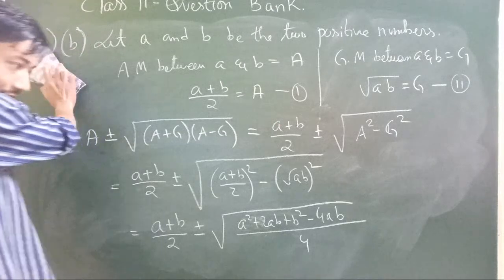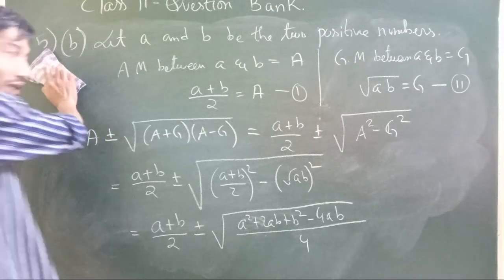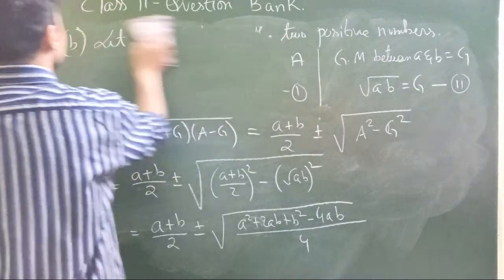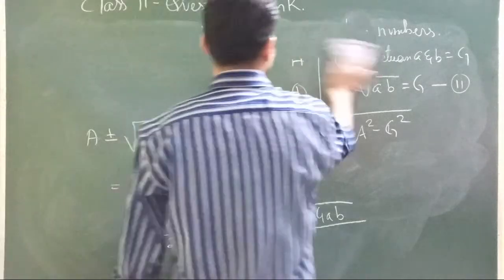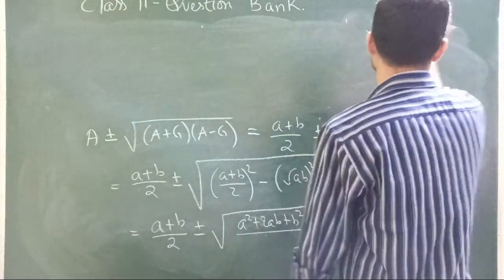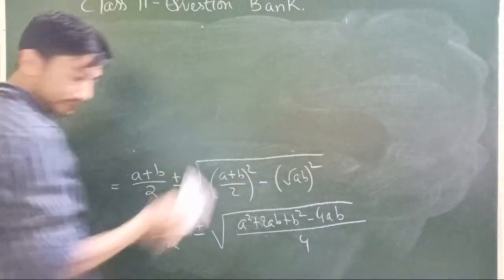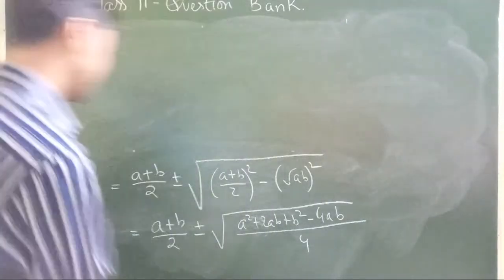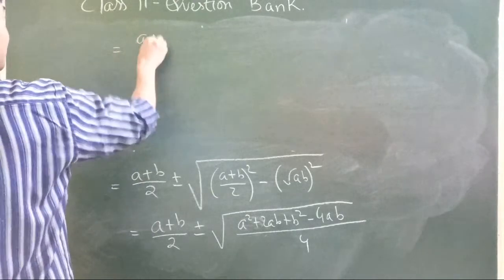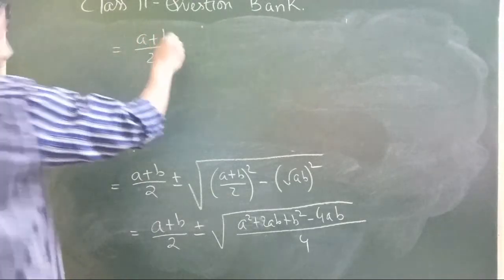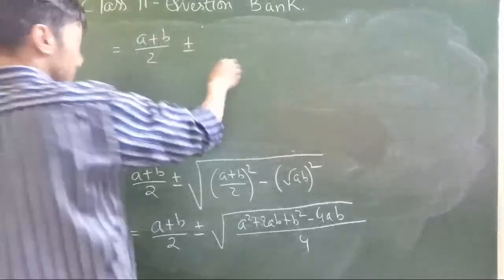Alright, I think this is done. I'm rubbing it off. I'll go to the solution part now. So that's (a+b)/2 plus or minus this one.